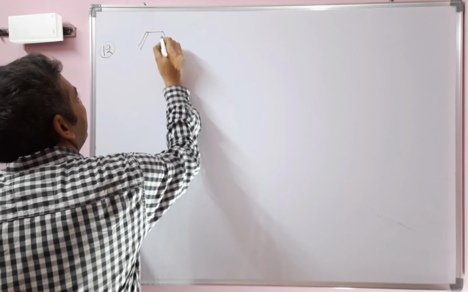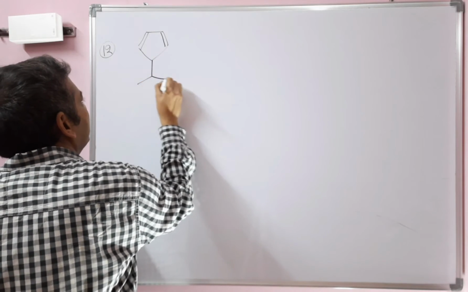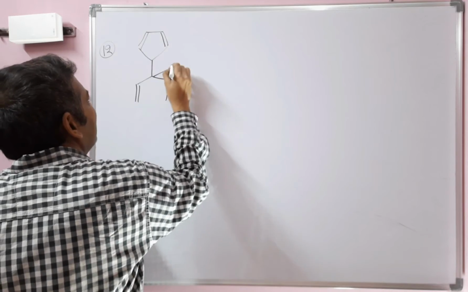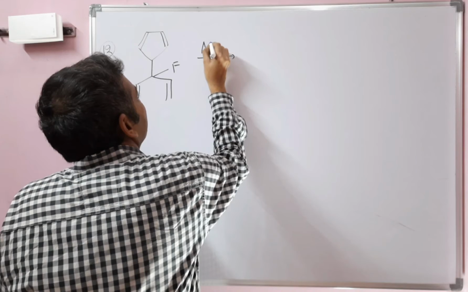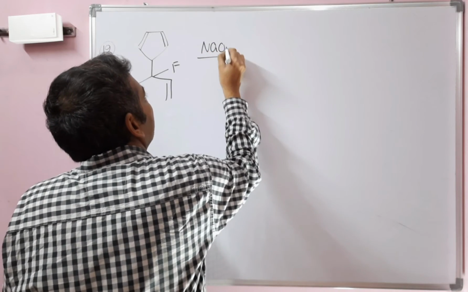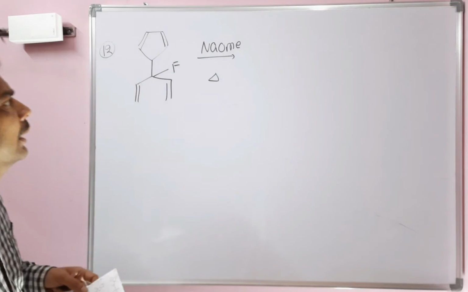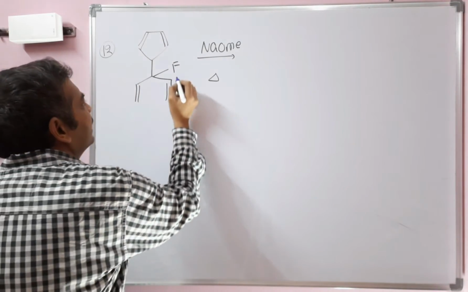Write the product obtained when this compound reacts with sodium methoxide, NaOMe, at high temperature. Look for E1CB or E2 reaction.